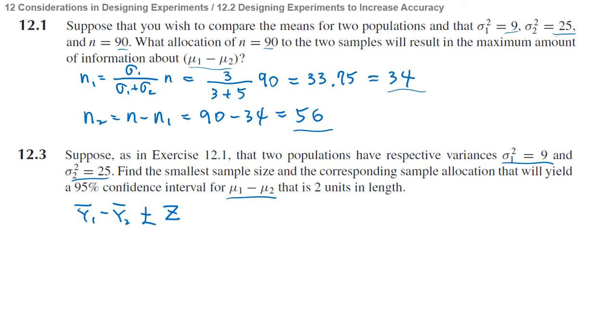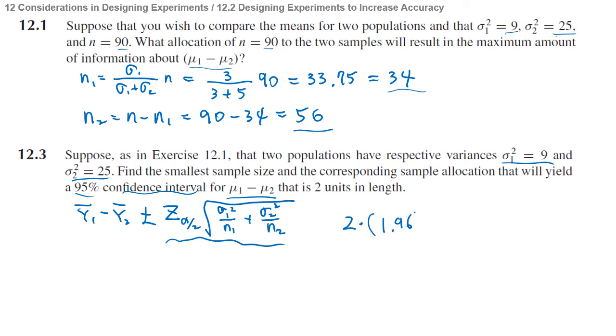for the 95% confidence interval with alpha over 2, the equation is something like this: sigma 1 squared over n1 plus sigma 2 squared over n2, and the confidence interval length is 2 times z alpha over 2, which for 95% is 1.96, times the square root of 9 over n1 plus 25 over n2, equals 2.